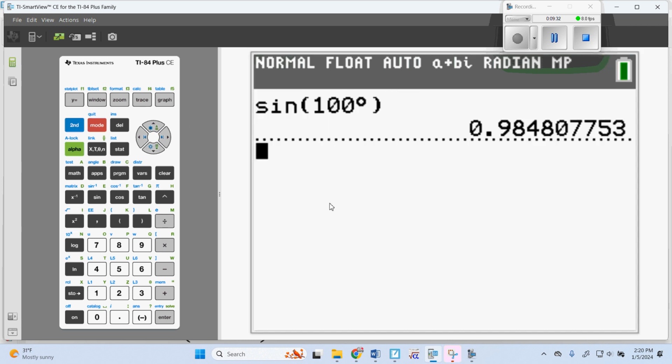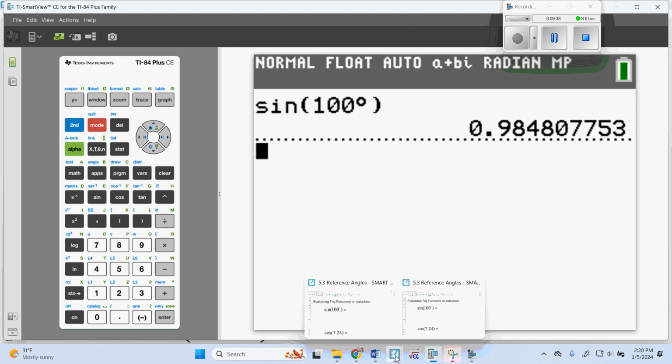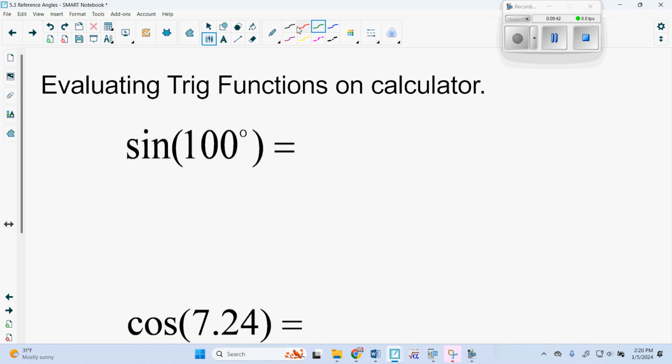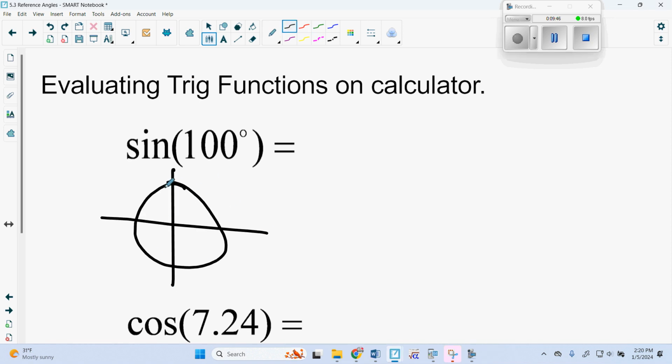Now that we understand the unit circle, if you think of sine of 100, you can estimate whether you are doing this correctly or not. If you have the sine of 100, there's the unit circle, 100 is there, so your sine is the y-coordinate, it should be somewhere in there. You're thinking, okay, this should be close to 1.